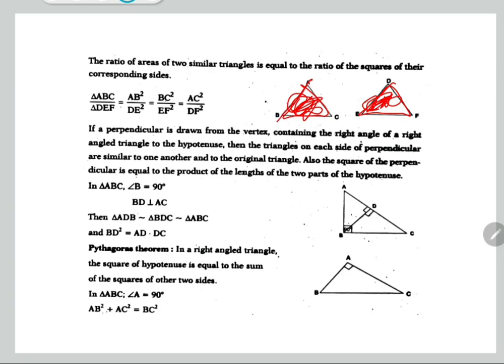For example, we can write the ratio of the areas of ABC and DEF is equal to AB square by DE square, and BC square by EF square, also equal to AC square by DF square.